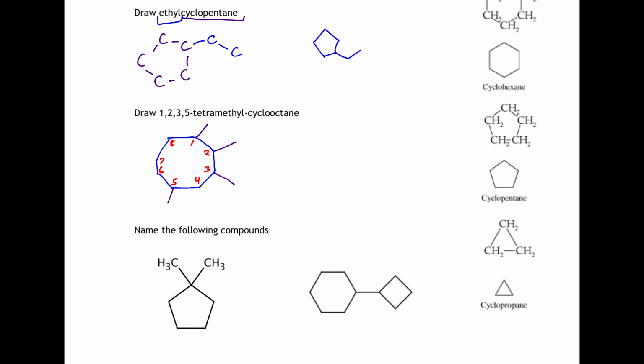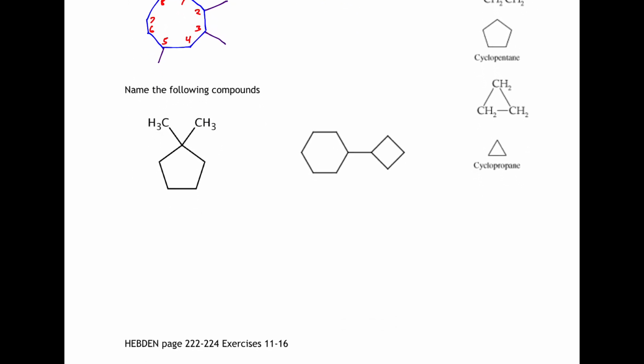Okay, hearing nothing, I drew some for you, and we're going to name them. We're first going to do all of our normal steps, starting with the circle here. How many carbons are in my circle? 5. So what's the name of my circle?